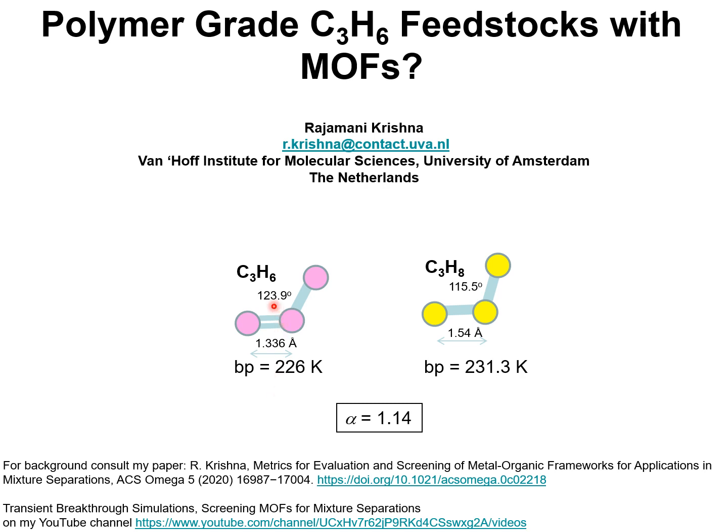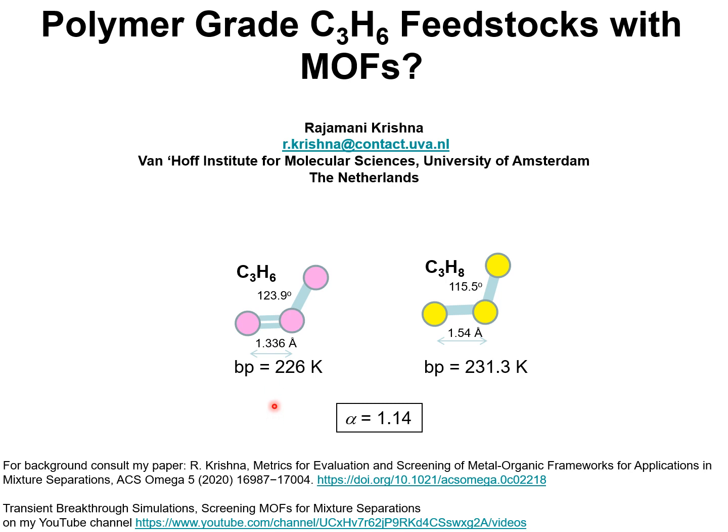The separation of mixtures of propylene and propane is of industrial importance because of the need for producing feedstocks to the polymerization reactor.